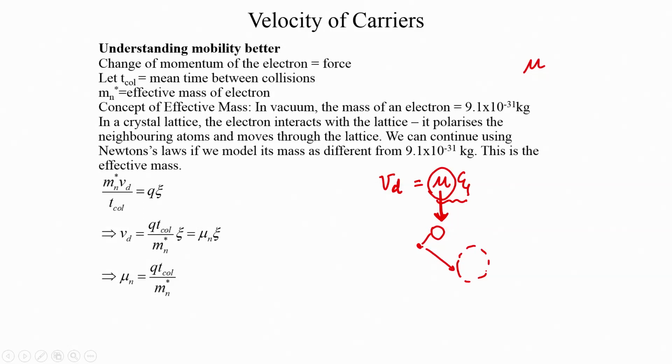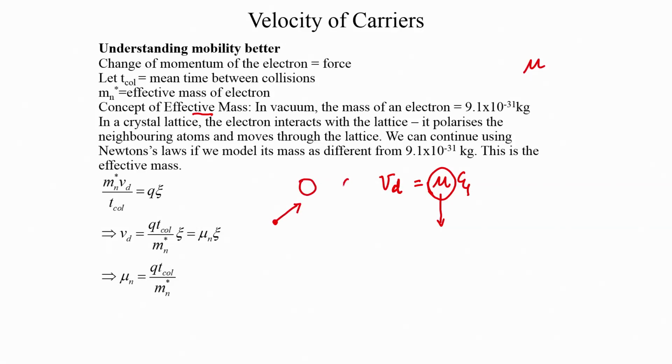But let us say that we want to quantify the mobility and develop relations that are a little bit more suitable for calculations and for modeling. One approach to doing that is by using a concept called the effective mass of the electron. What I mean by this is, let us say you have an electron moving through the crystalline lattice.